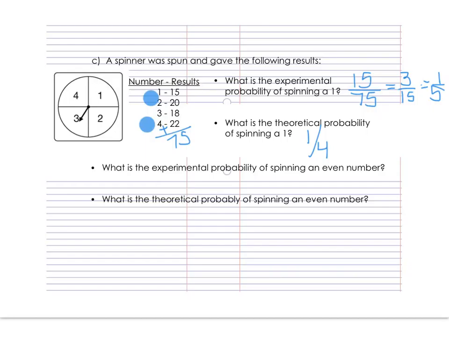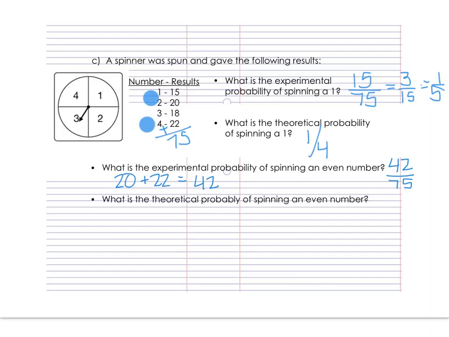It landed on the 2 20 times, and it landed on the 4 22 times. So it landed on an even number 42 times. So it happened 42 out of the 75 times that I spun the spinner.